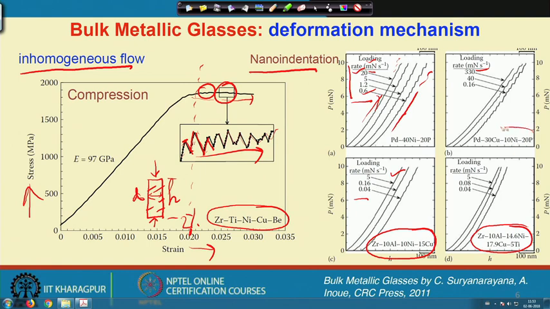Here is another palladium type of glass. During nano indentation, people observe such serrations, and these serrations are called pop-in events, and these pop-in events are linked with the formation of localized strain bursts or shear bands or deformation bands in this glassy solid.